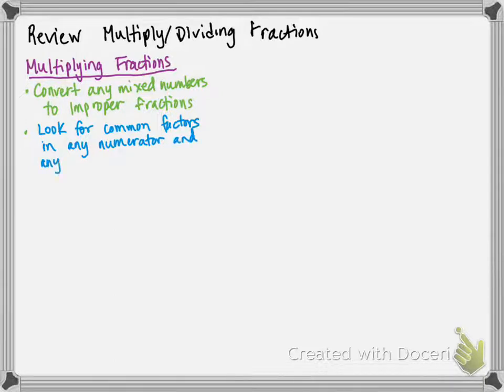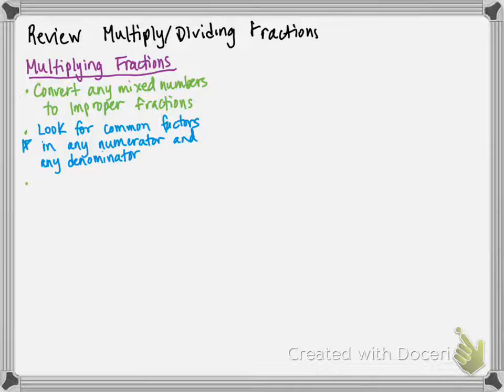So always got to be a top and a bottom that have a common factor. Now, I'm going to put a star next to this because you either do it after you converted everything from mixed numbers if necessary, or you could wait till the answer, but my experience is that most people, once they get to the answer, they don't look, especially for stinky threes, okay? So that would be what I would suggest is in this order.